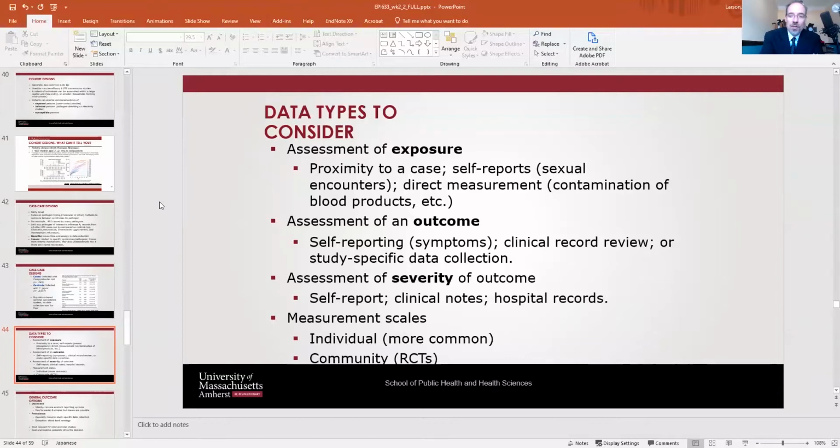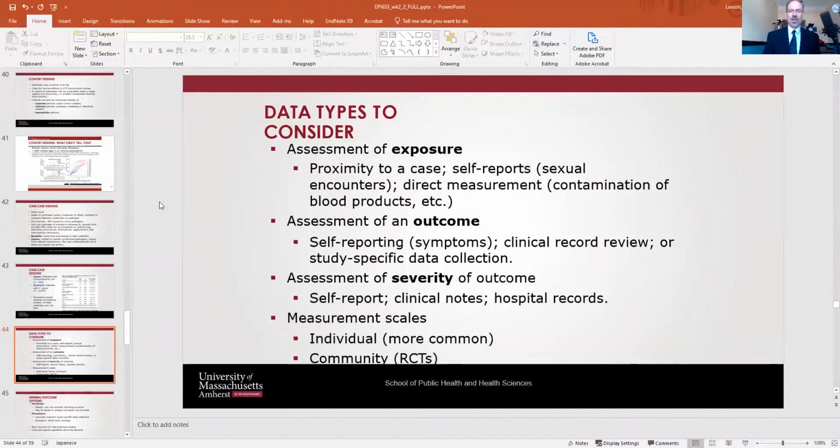Assessment of outcomes can be challenging. Self-reported symptoms can be difficult because often people have an idea of what a fever is like or whatever, but they don't understand, or they don't even know when there's a subclinical symptom going on. And sometimes they don't know the specific terminology to be able to describe what a doctor might be looking for.